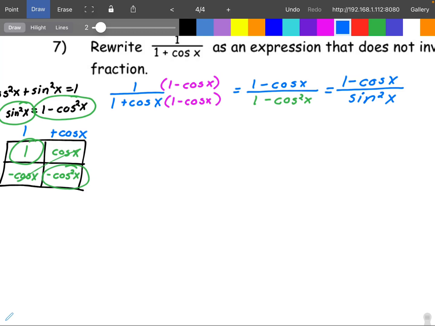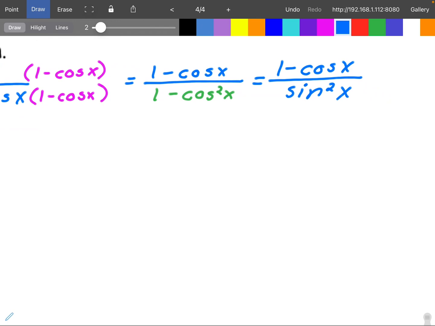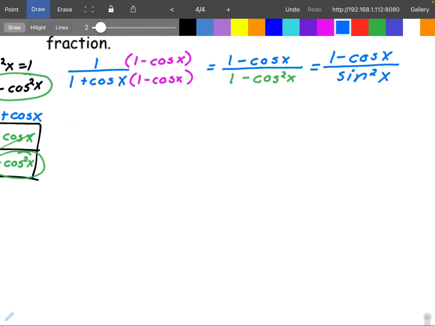And so you think, okay, this isn't making things simpler, but it's coming. Now, I have two terms on top, 1 and cosine x. However, I now only have a single term in the denominator, which allows me to very easily split this into two separate fractions.